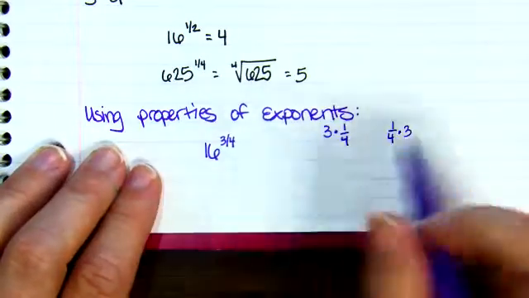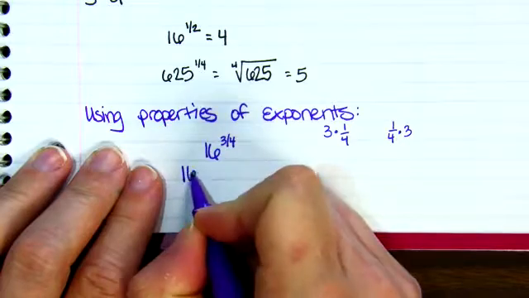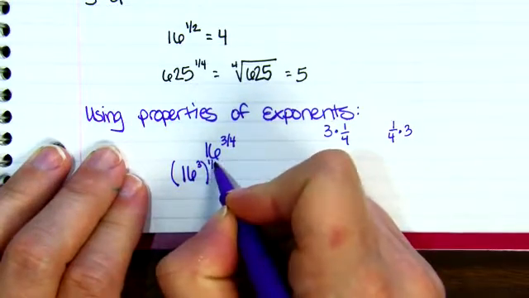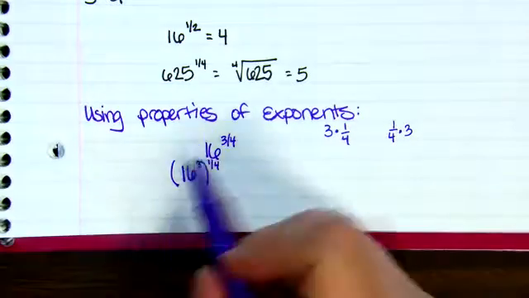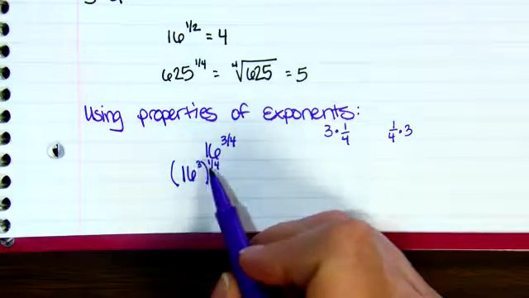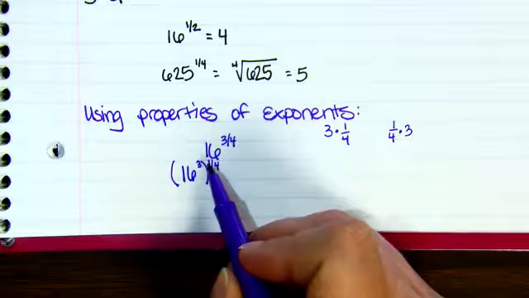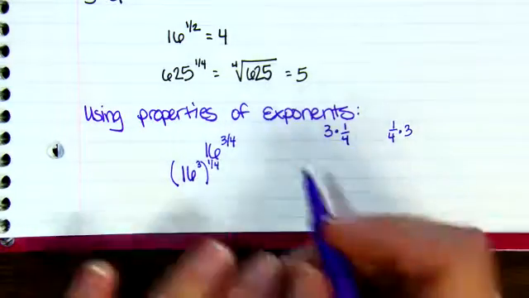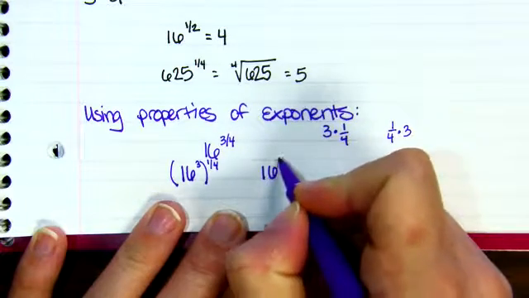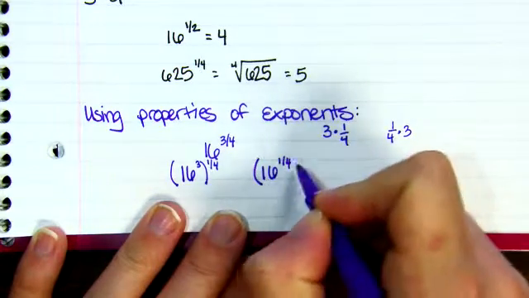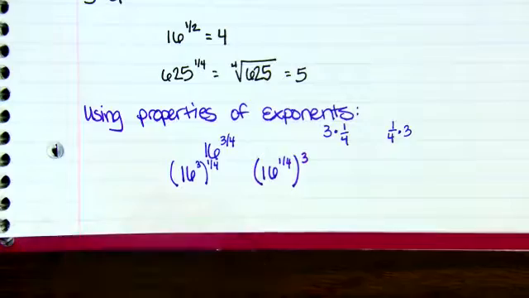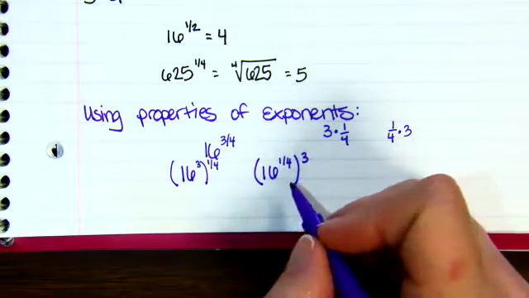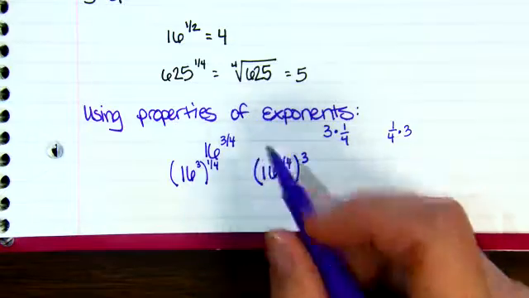So I could think about this as 16 cubed to the 1/4 power, because remember, my power of a power tells me to multiply my exponents. So the way to solve this normally would be to multiply. Or I could write it as 16 to the 1/4 cubed.